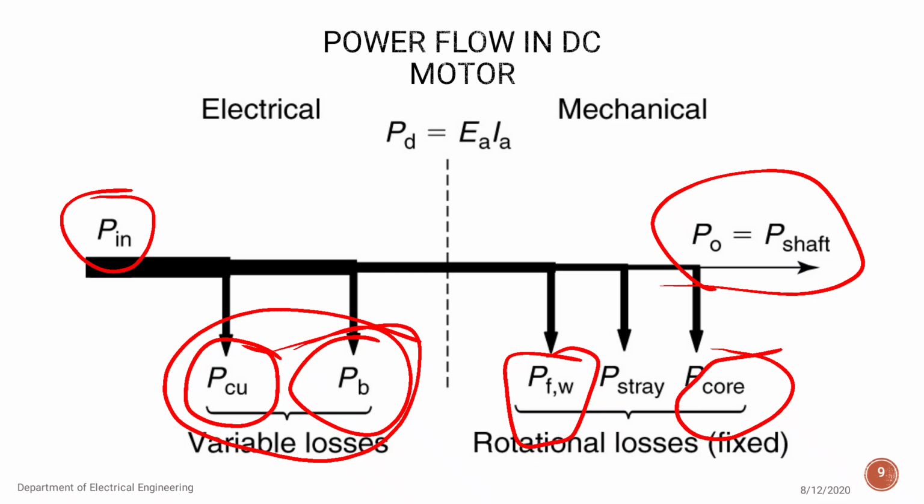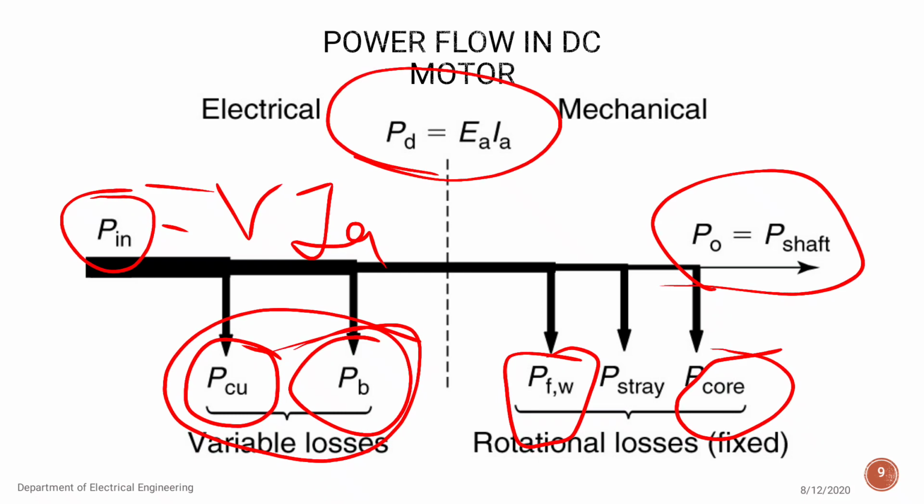So this is the power flow study of a DC motor, where power input is nothing but the electrical input, which is V into IA. And one more thing, the mechanical power developed is EA into IA. Now P in minus PCU minus PB, I will write here, minus all these terms.